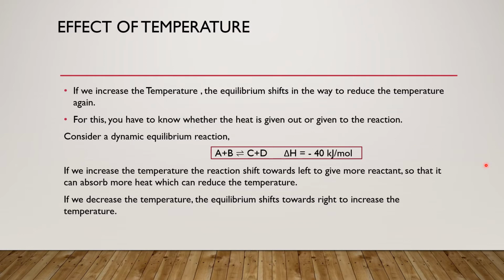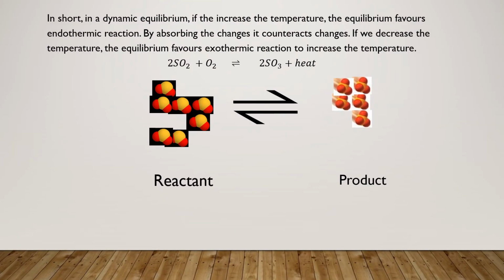In short, to be clear, in a dynamic equilibrium, if we increase the temperature, the equilibrium favors the endothermic reaction, so that it can maintain the temperature, because the endothermic reaction absorbs heat and decreases the temperature.